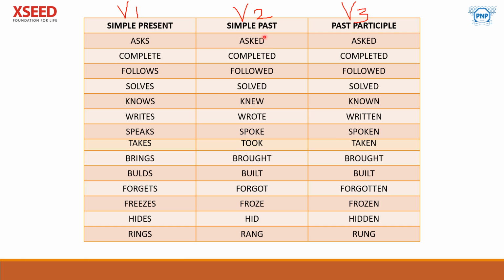We removed the s and instead added ed, and we got the second form of the verb, called V2, which is nothing but the simple past tense. For the last one, the word remains the same, but the form is changed. It is the past participle. It can be used with present perfect, past perfect and future perfect. Like that, complete.